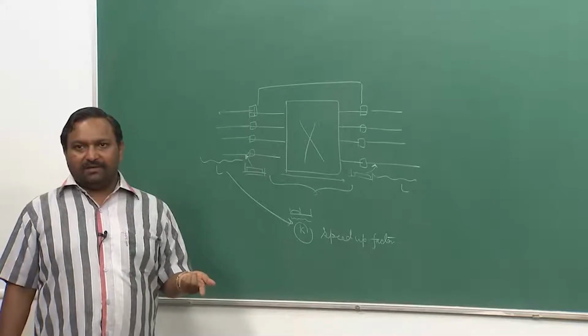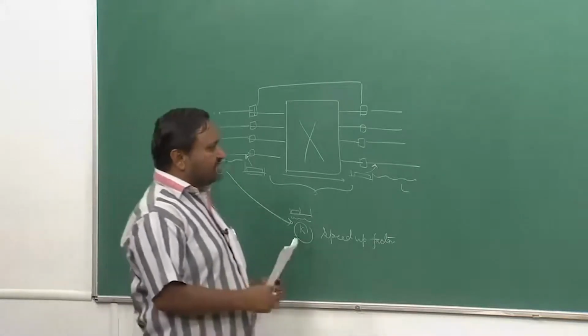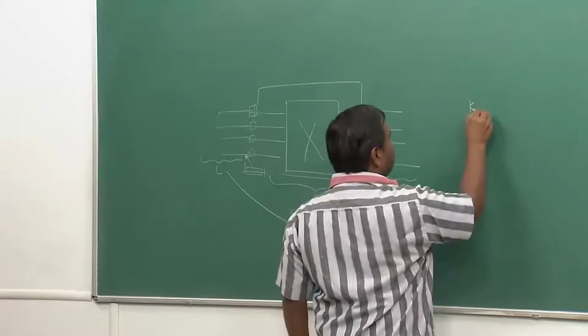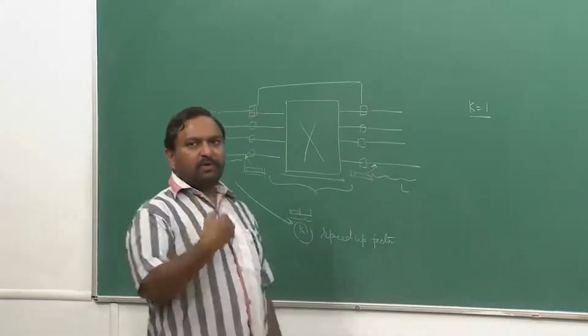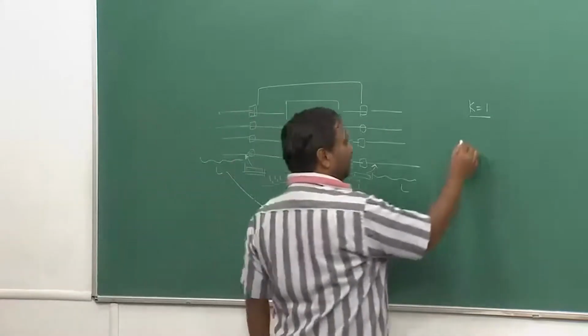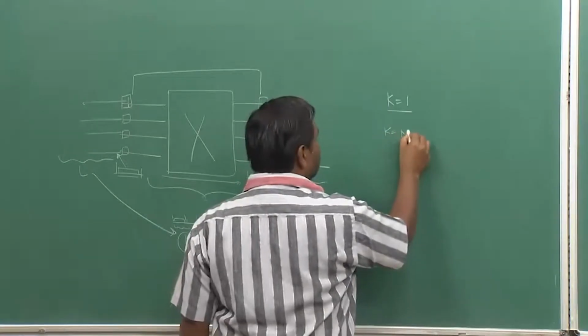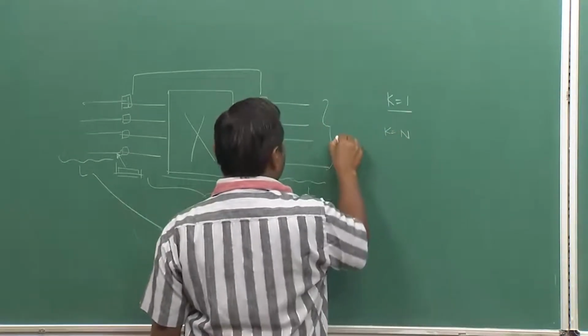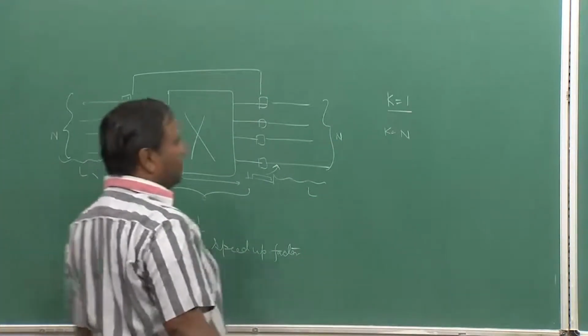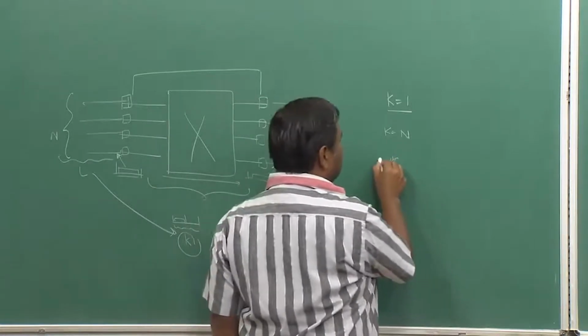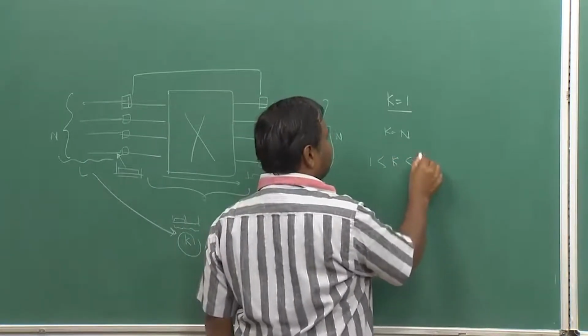The simplest case is when k is equal to 1, which was the original case. We will be talking about k equal to 1, k equal to n, where n is the number of ports in an n by n switch, and k greater than 1 and less than n. So there are 3 cases.